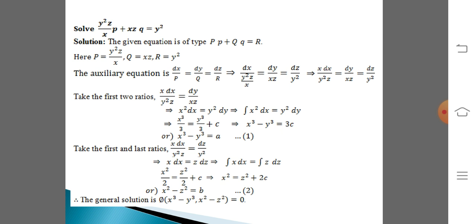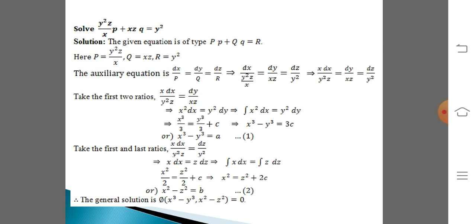So since it is a Lagrange's linear equation, the auxiliary equation will be dx by P equal to dy by Q equal to dz by R. You just substitute the values of P, Q and R here. We get dx by (y square z by x) equal to dy by xz equal to dz by y square.